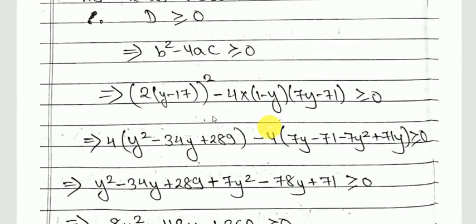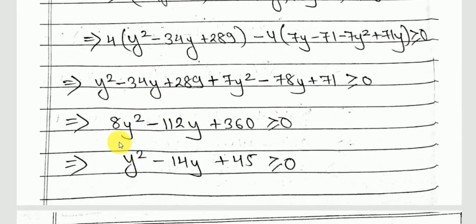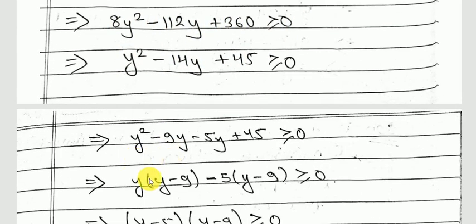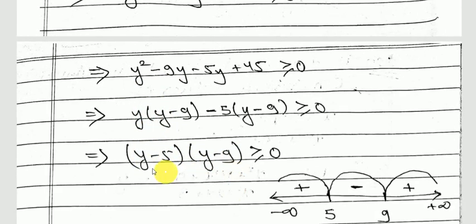Substitute those values and calculate, and at the end you get 8y square minus 112y plus 360. Now do the factorization, you get y minus 5, y minus 9, already minus, nothing to do.